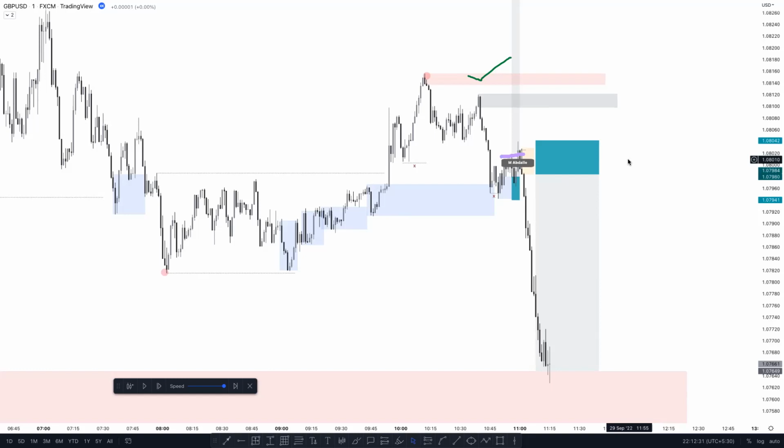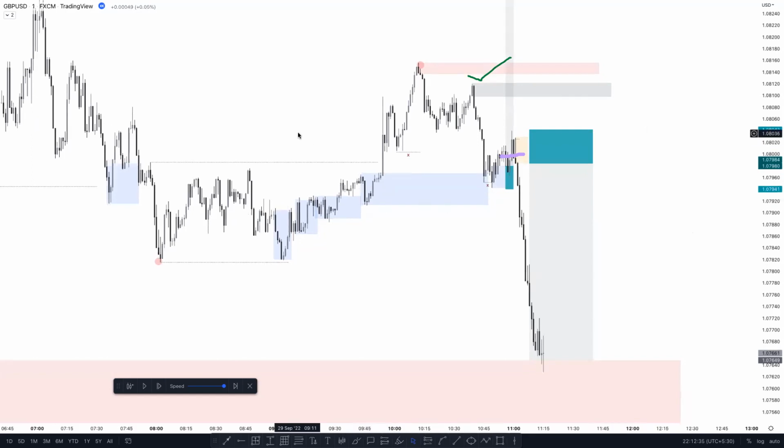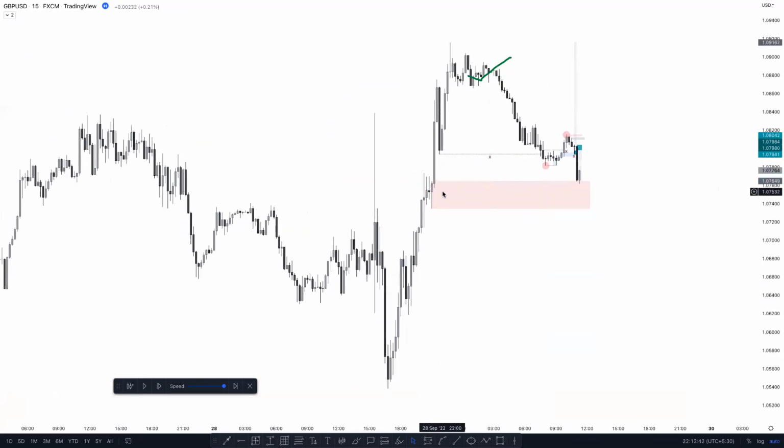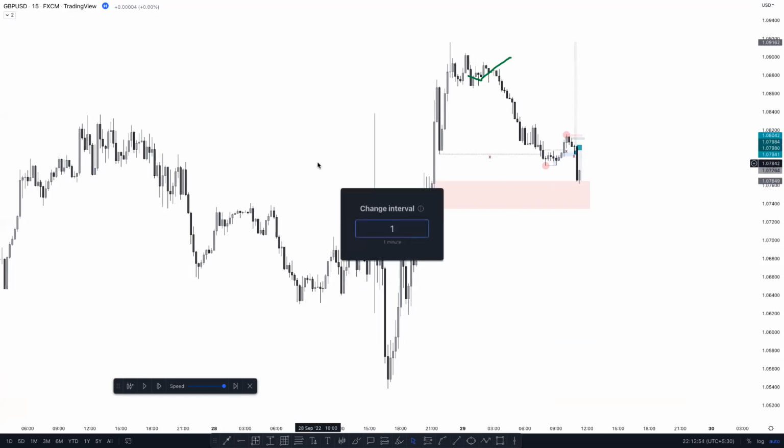Okay. So market taps on the 15-minute demand zone. Let's switch into 15-minute again. Yes, tap on the 15-minute and this candle took out this liquidity here. So tap here and now we are looking here for the buy on 1 minute again.